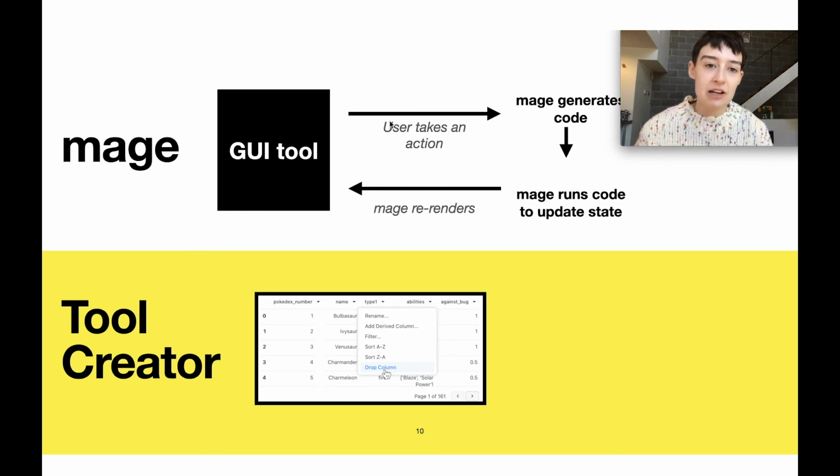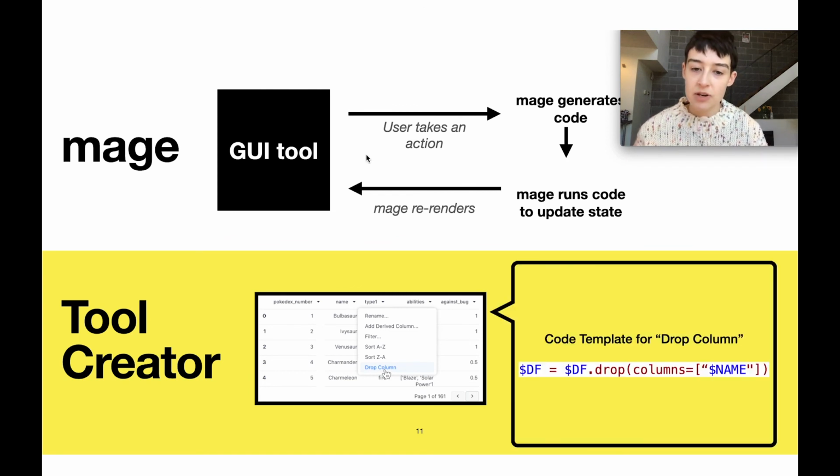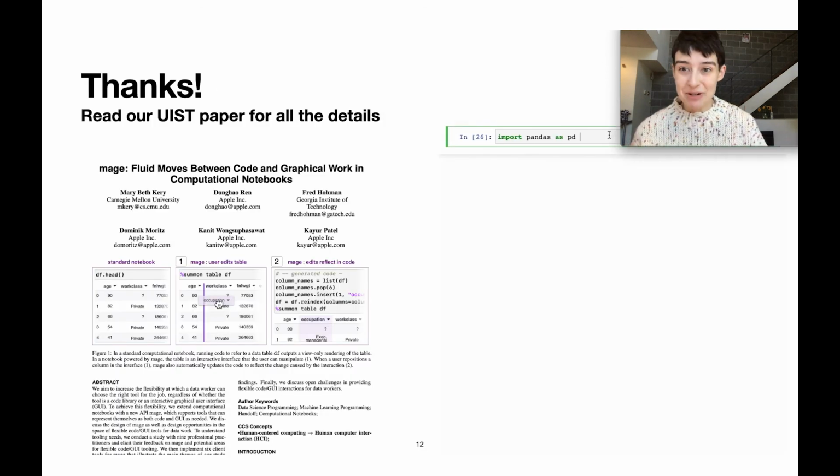And as they take action within a GUI tool, Mage is going to auto-generate code that corresponds to the work they've done. And this code is provided by code templates the tool creator uses that Mage fills in using aspects of the user's programming environment.